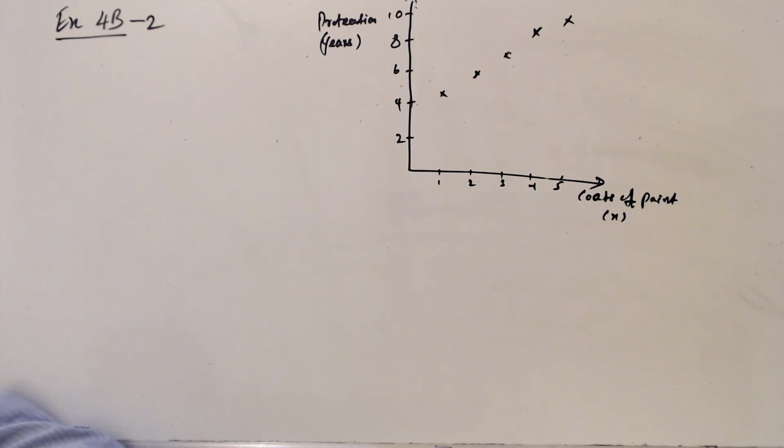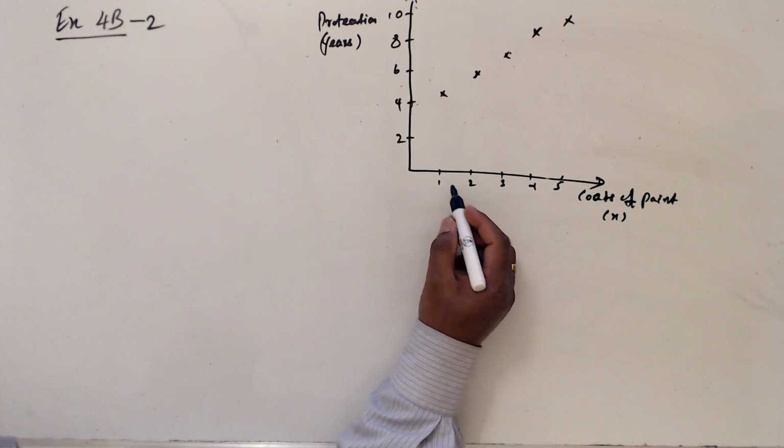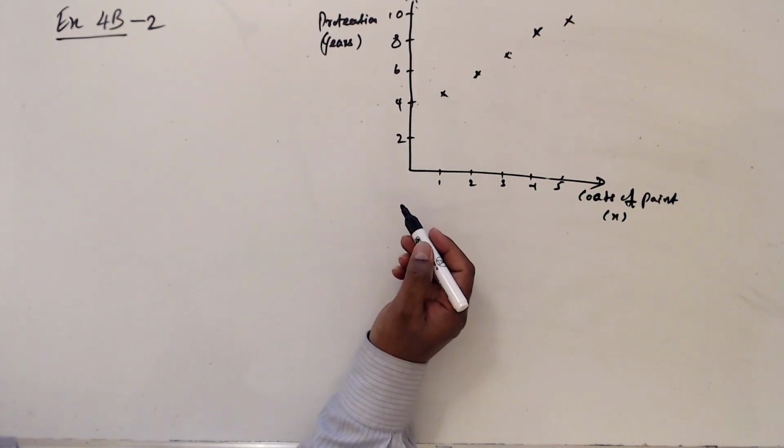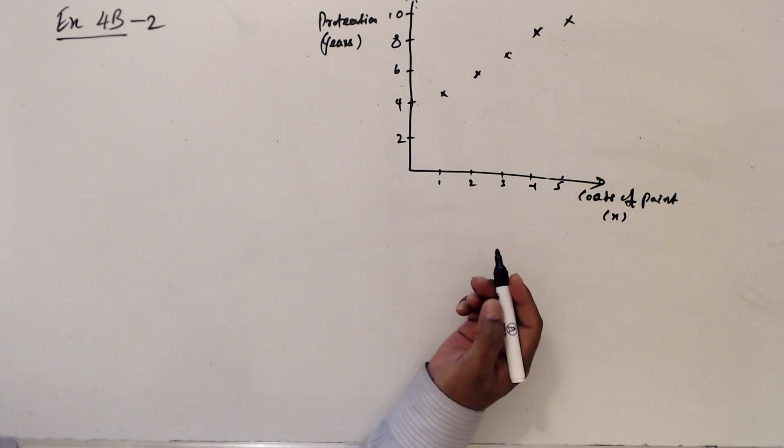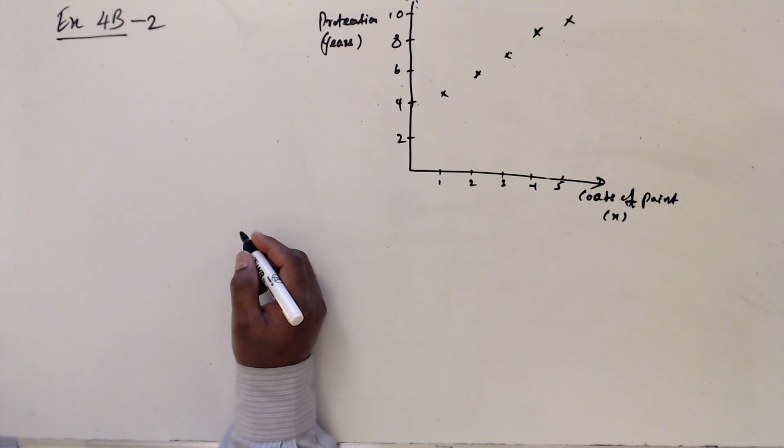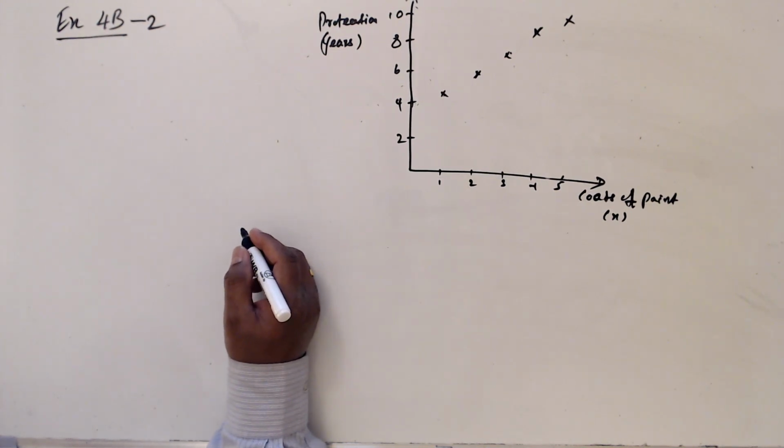Question number 2. The relation between the number of coats of paint applied to a board and the resulting weather resistance was tested in a laboratory. The data collected shows the number of coats and the number of years. Draw a scatter diagram. I give a rough sketch of this one; you can do a proper one. Part B, the equation of the regression line.